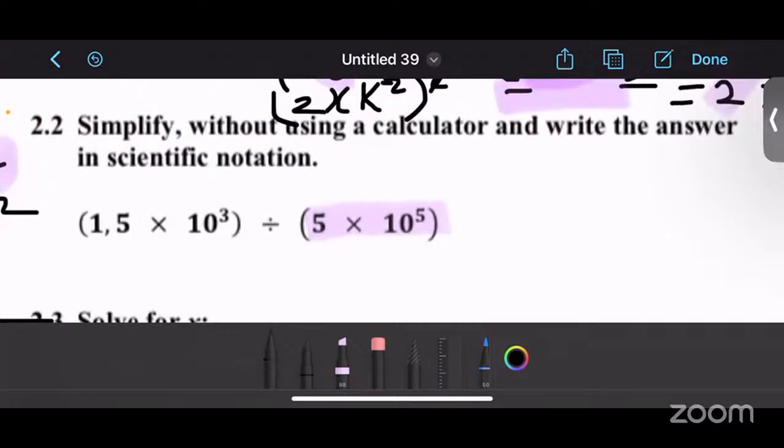So, ma'am, I started off by figuring out the bracket by saying 10 to the power of 3 is equal to 1,000 in brackets, and then I said divided by 5 times 100,000. And then the first bracket is equal to 1.5. And then the second bracket is equal to 500,000. And I was just about to work out what the answer was.